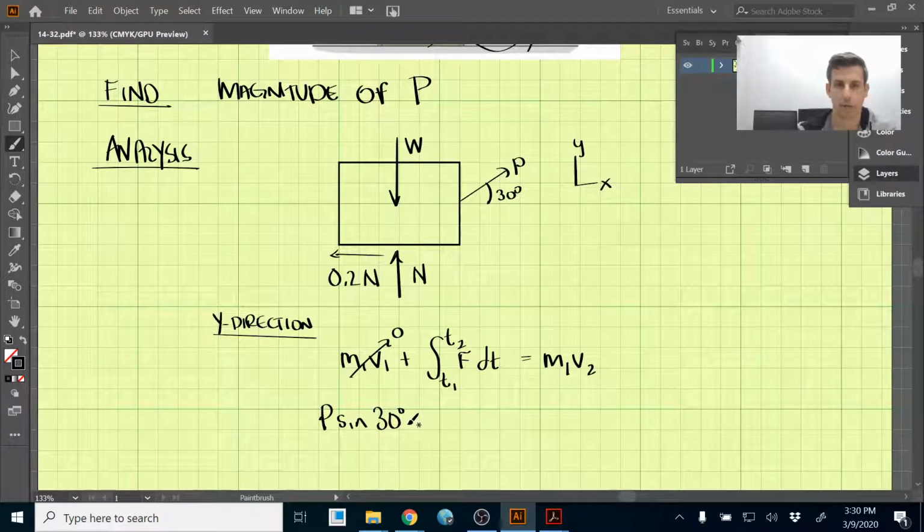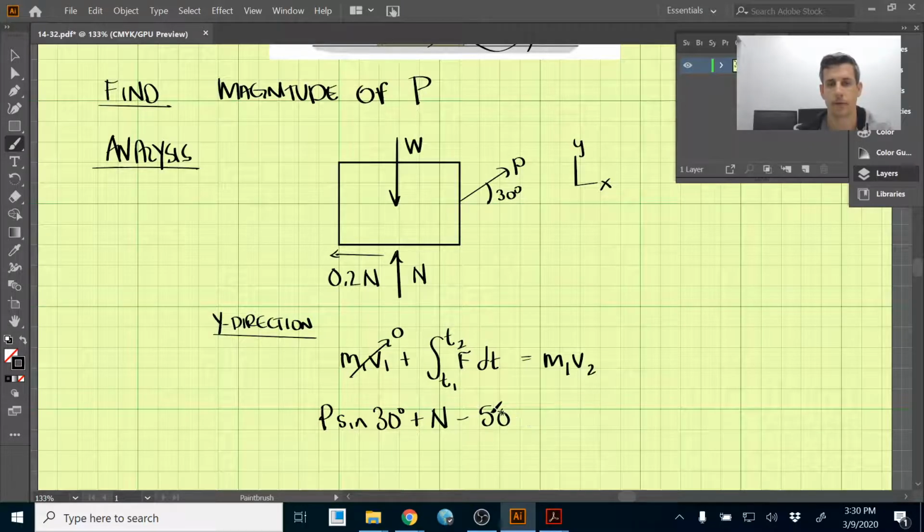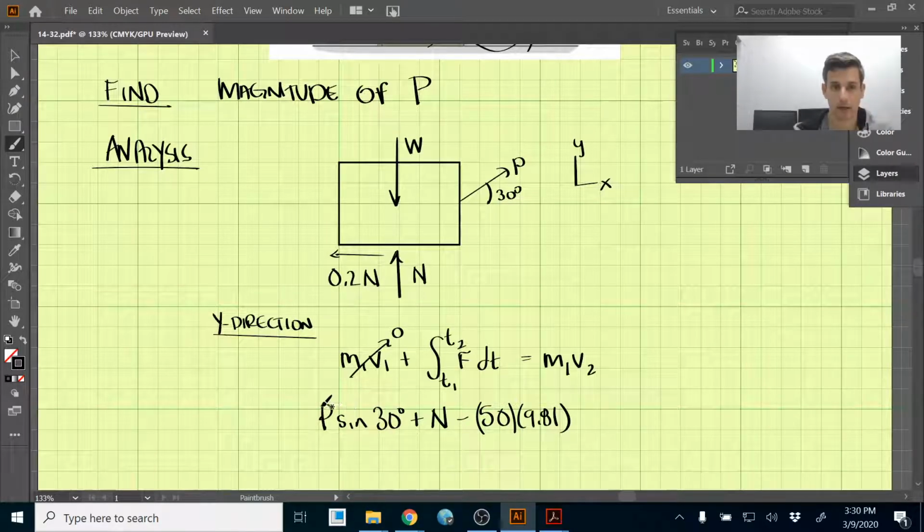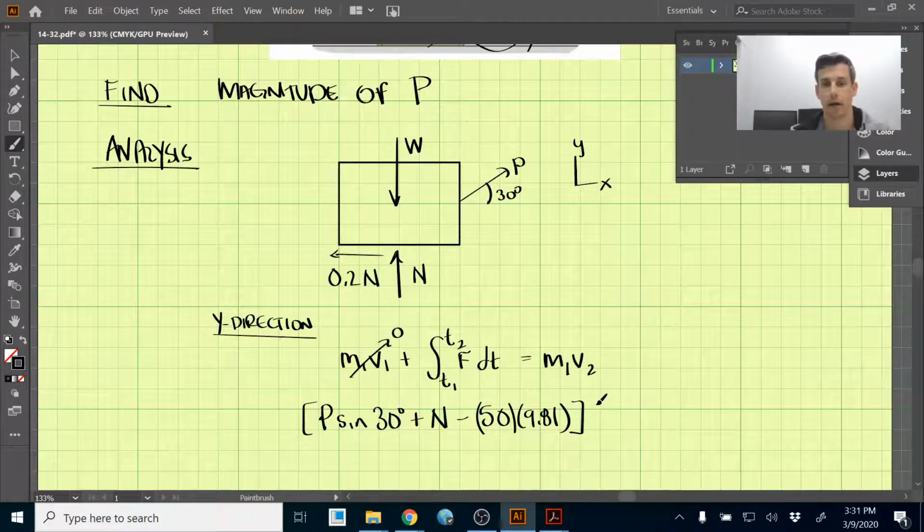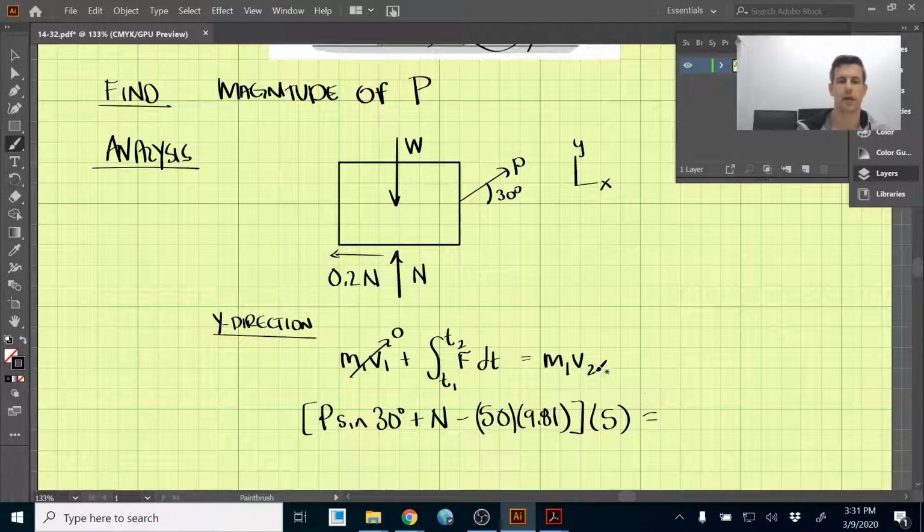And then we have plus N, and then minus the weight, and the weight is 50 kilograms times 9.81, and all of that times the 5, and that is equal to the mass times the velocity at 2.